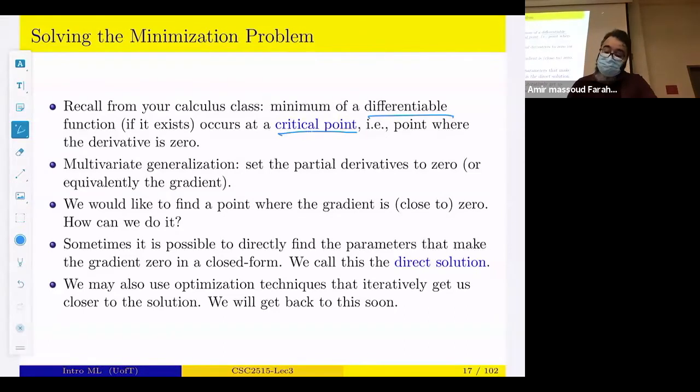So now the task is to find a point where the gradient is very close to 0. Sometimes it is possible to find that solution in an analytical way, and we call it a direct solution. And sometimes we can't, and we have to use an optimization technique to do it numerically and iteratively. We will get back to that later.